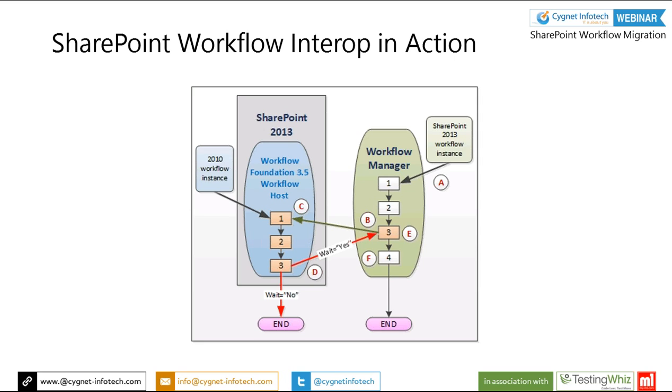Then after the workflow completes, sometimes you initiate your workflow from SharePoint 2013 and it could complete with the SharePoint 2010 workflow itself, based on how you have configured the wait state. So this is how you can execute workflows in SharePoint 2013 for workflows defined in SharePoint 2010 and SharePoint 2013.